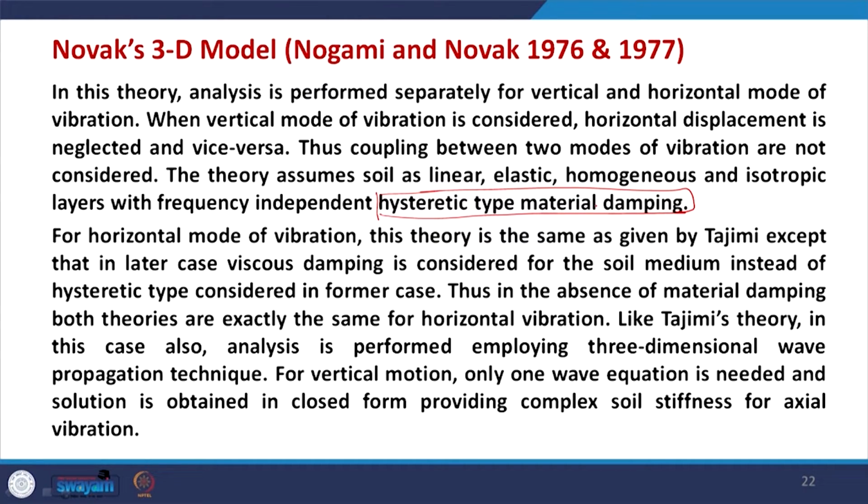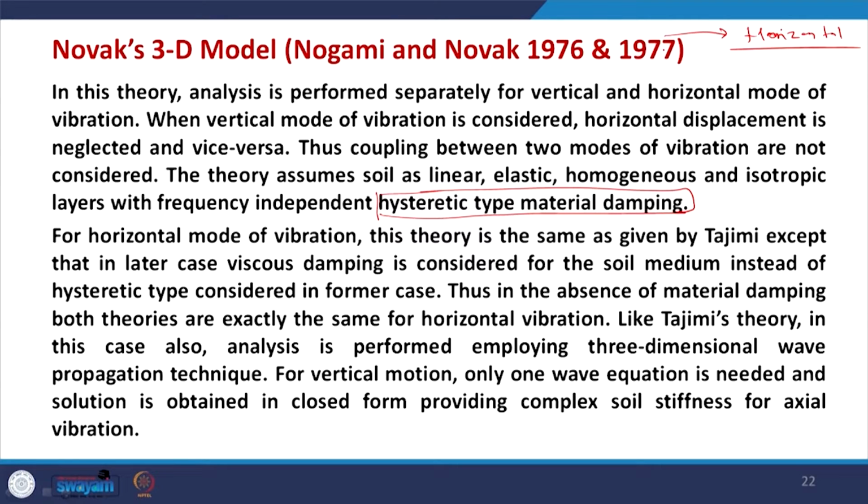If we neglect the damping in Seismic theory and this Novak theory, actually it is like this. 1976 is for vertical vibration, and 1977 is for horizontal vibration. So, if I consider this horizontal vibration and neglect the damping, then both Seismic theory as well as this Novak theory become the same.